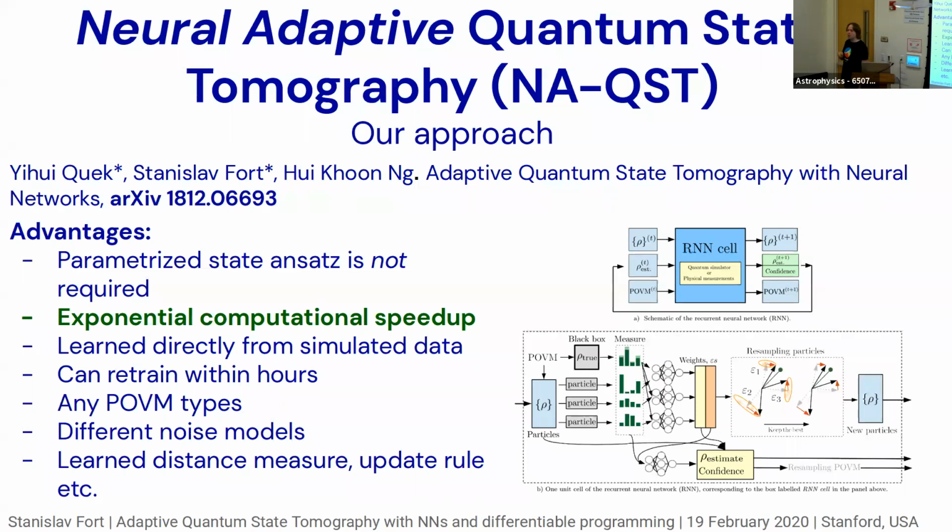And it works with any type of POVMs. So POVMs are of different types, these measurements, and I'll discuss what types they are and how they work. But if you have a new one and your lab is using a specific subset of POVMs, you can tell us and we can retrain within 2 hours, and then we can deliver the algorithm for your particular kind of priors over what you care about. We can model the noise as well, insert it in, see what it does.